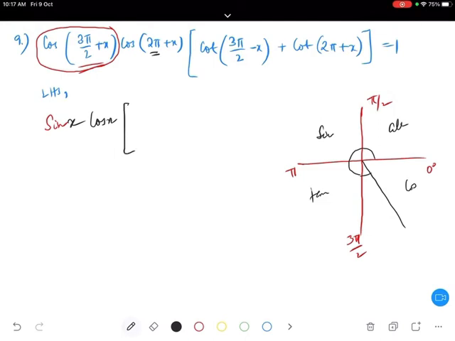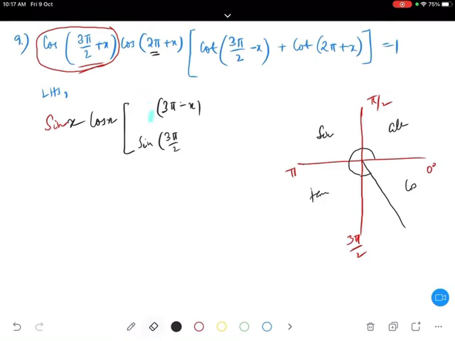Now this one, cot of 3 pi by 2 minus x. Let's do the shortcut.